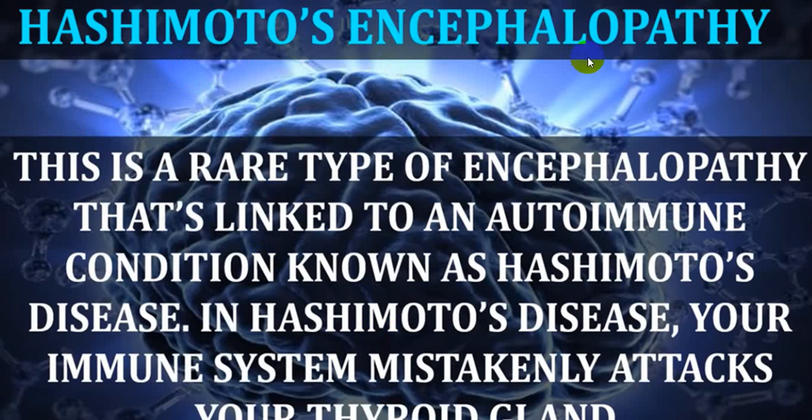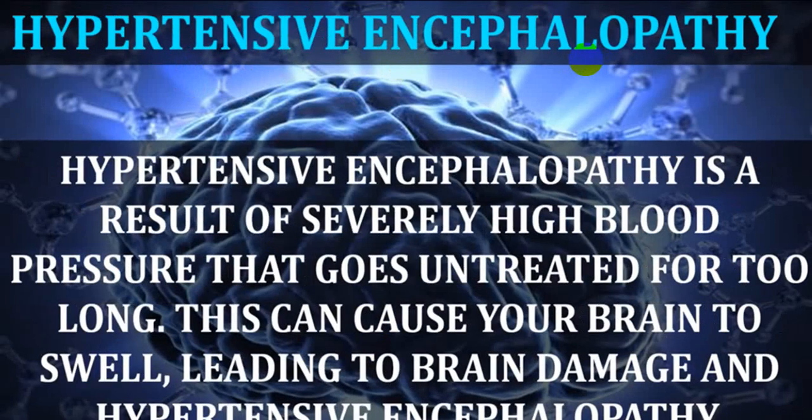Quite common, so it is one of the differential diagnoses of autoimmune encephalopathy, and we do come across this particular group in our everyday practice. Another very common encephalopathy is hypertensive, where a person suddenly has an elevated level of blood pressure.